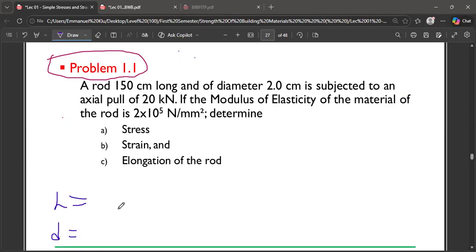If the modulus of elasticity of the material of the rod is 2 times 10 raised to the power 5 Newton per millimeter square, determine A, the stress, B, strain, and elongation of the rod. Another person to read the question for us last time.